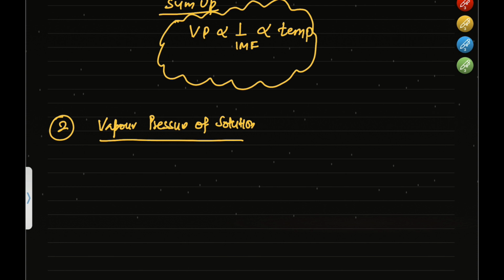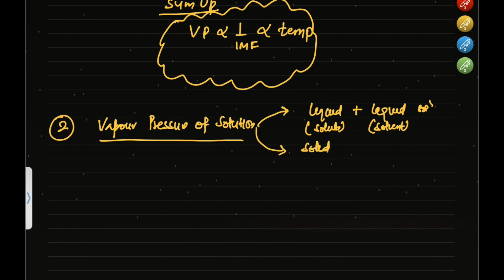Here we discuss three types of solution: the first is liquid, liquid solution, मतलब solute liquid, solvent liquid.